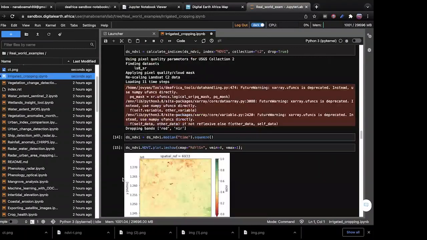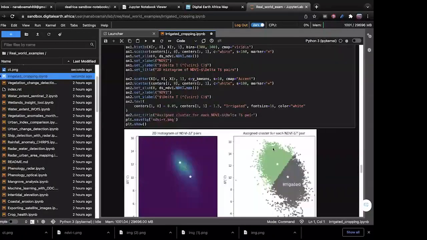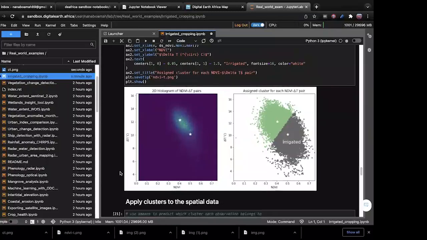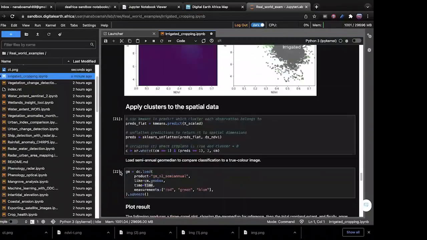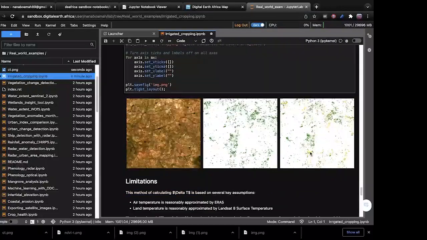From here, you get the NDVI, then mask the crop land for those areas. See where you have the irrigated points, and voila. As you can see, the yellow areas are irrigated farm areas from the system.